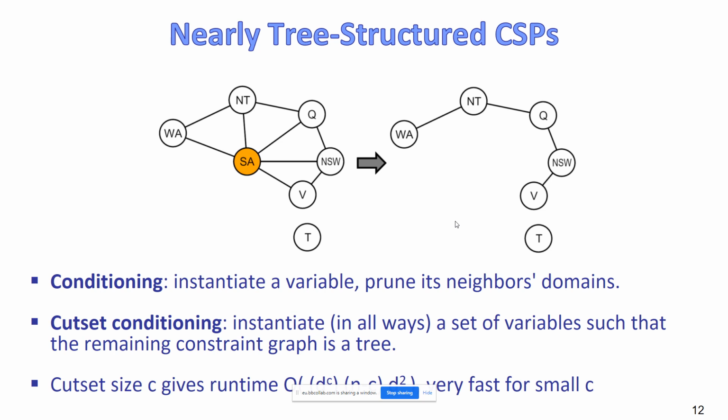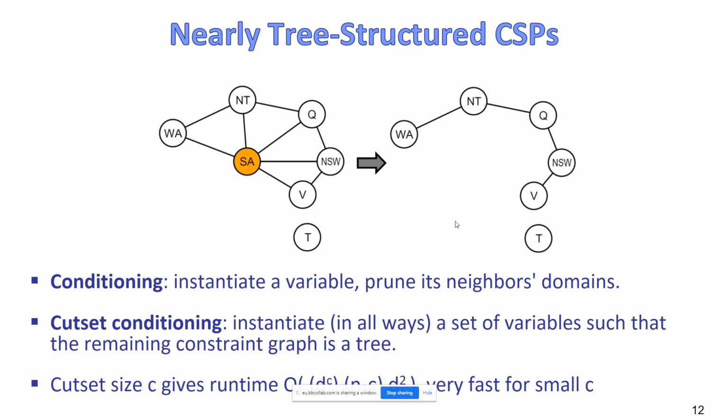A Cutset is a set of variables. If we remove these variables from the constraint graph, the graph will turn out to be tree structured, which means the graph will not have cycles.